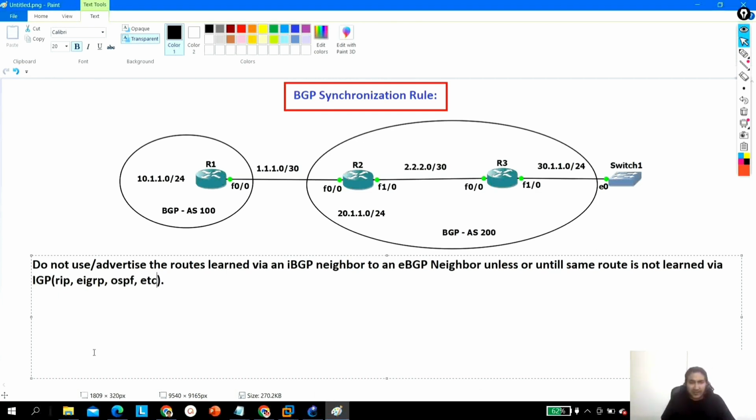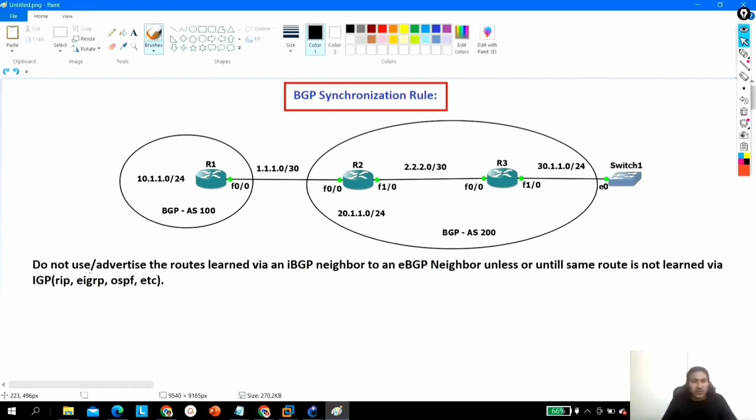So the rule says do not use or advertise the routes learned via an IBGP neighbor to an eBGP neighbor unless the same route is learned via IGP. IGP stands for Interior Gateway Protocol, which can be RIP, EIGRP, OSPF, or any other.